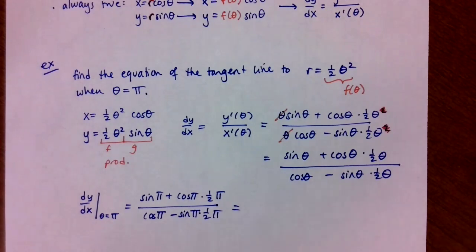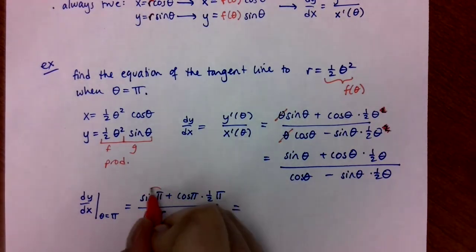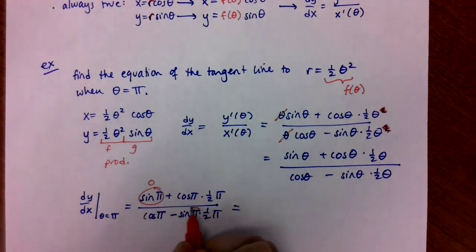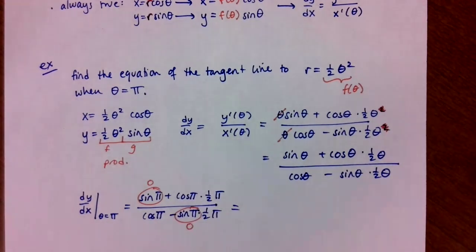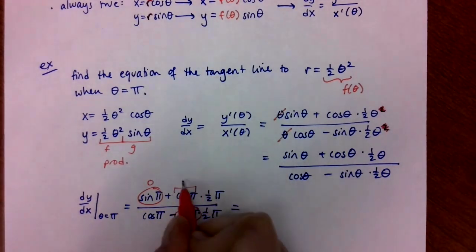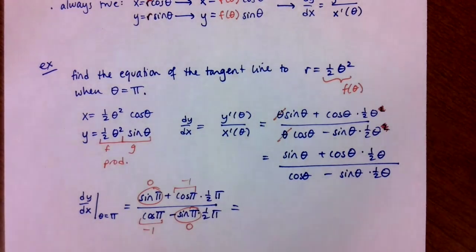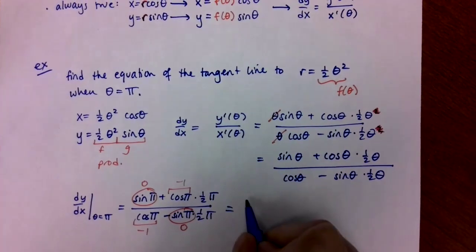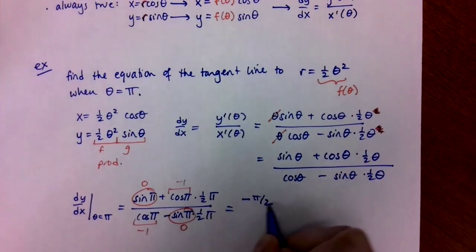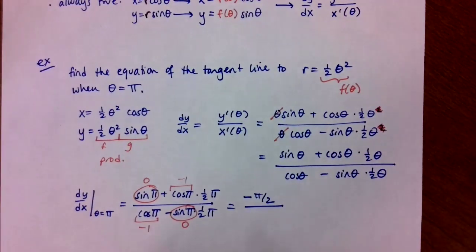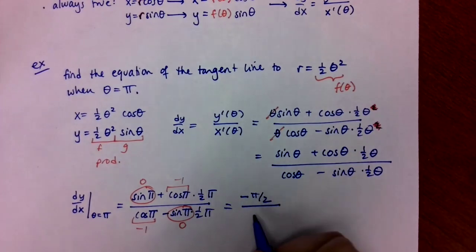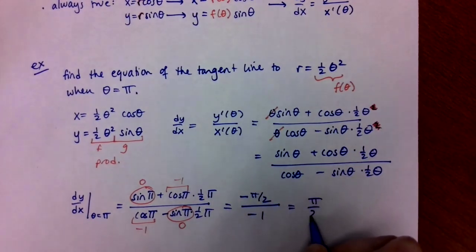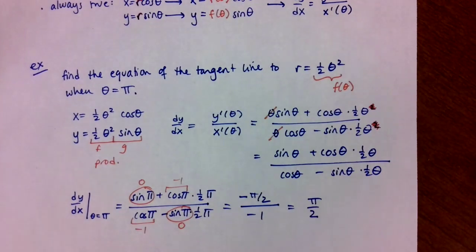Okay, so sine of pi is 0. This is 0. This is 0. And cosine of pi is -1. Right, so that leaves me with -pi/2 up top. And on the bottom, just a -1.